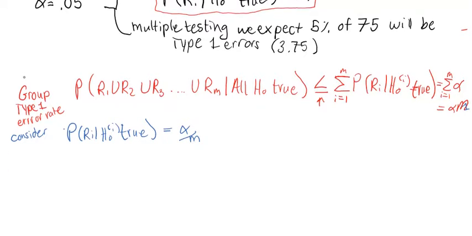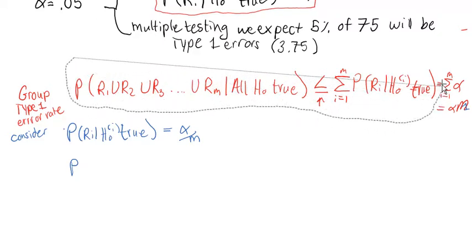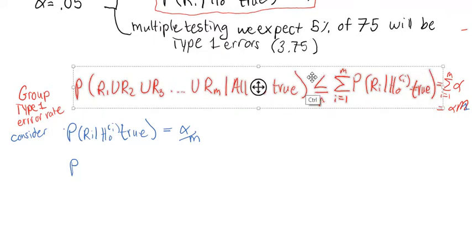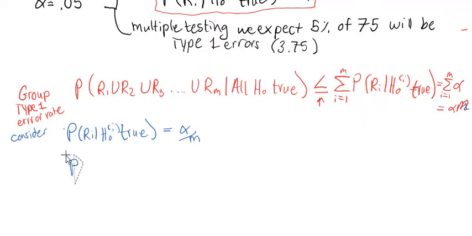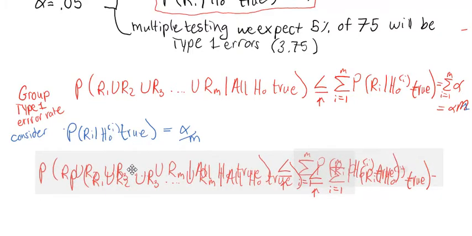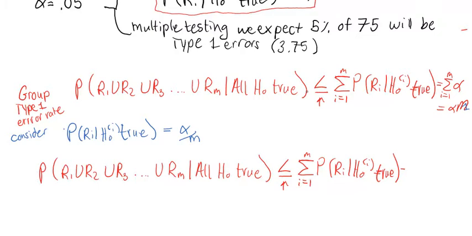When we use this, then the probability, I'm just going to copy this right here, ends up being the sum i equals 1 to m of alpha divided by m, which becomes alpha.